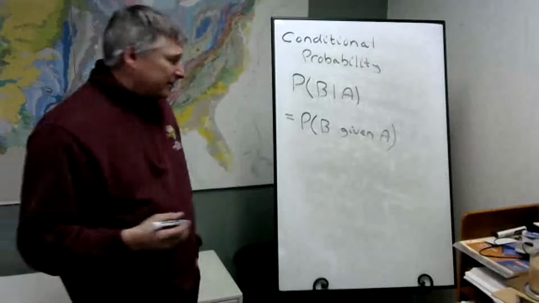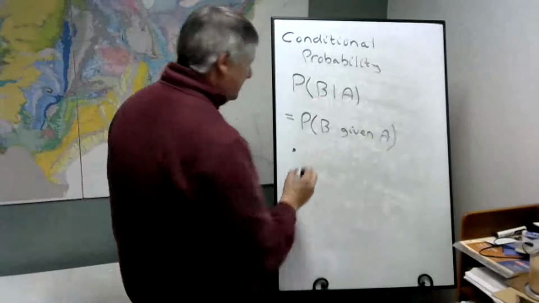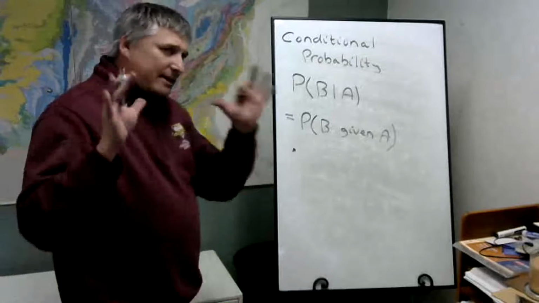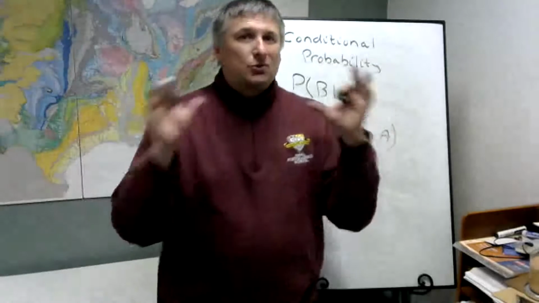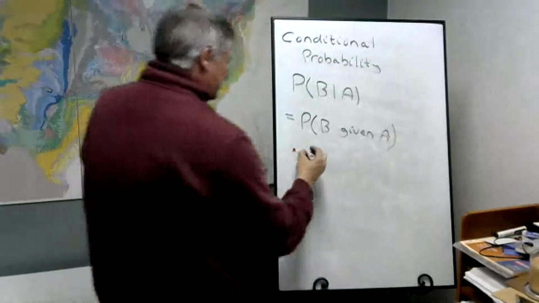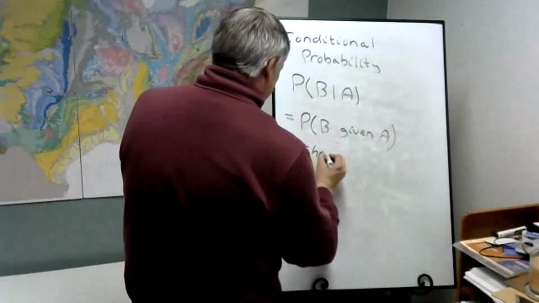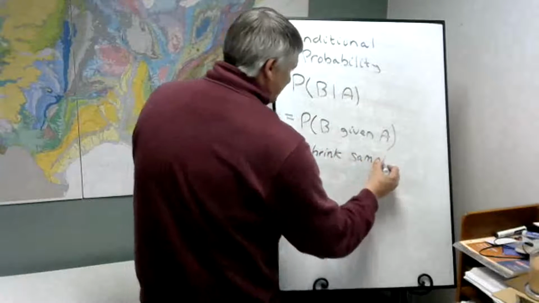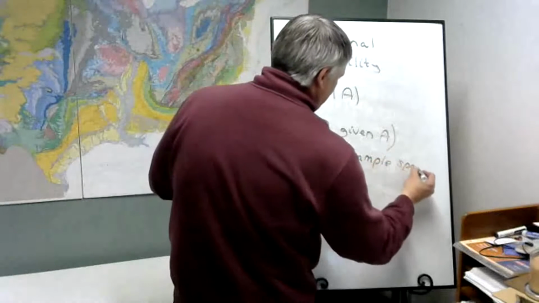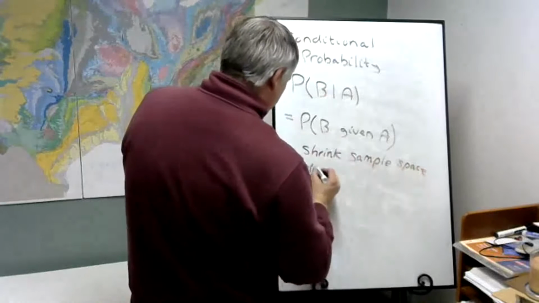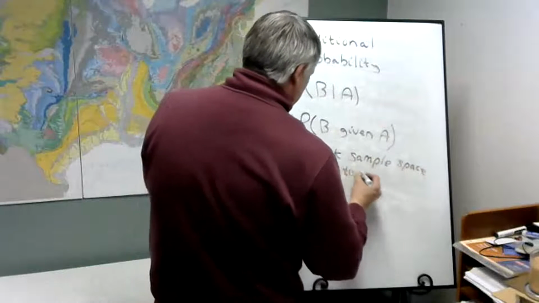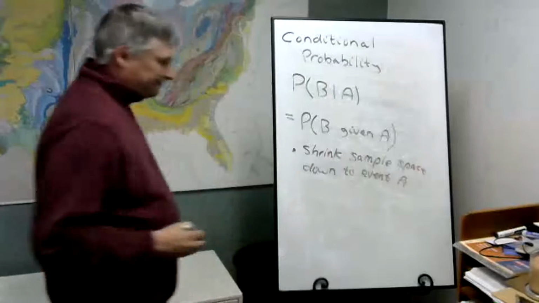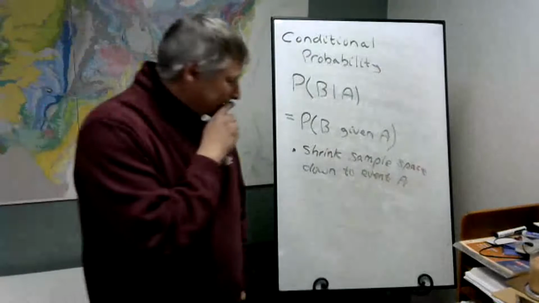So what's going on here? Well, we're doing something that we've sort of not considered doing at all. We're going to take our sample space and shrink it. So we shrink the sample space down to event A. This is the idea.